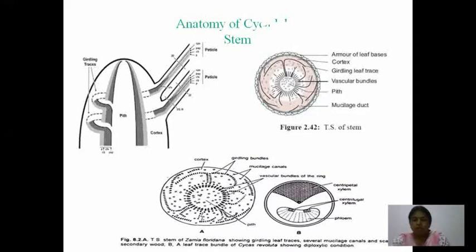From here, these leaf traces enter the petiole. First, it traverses horizontally around the vascular bundle, then it moves directly opposite before entering into the petiole.